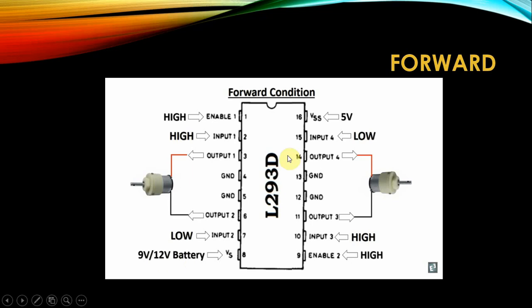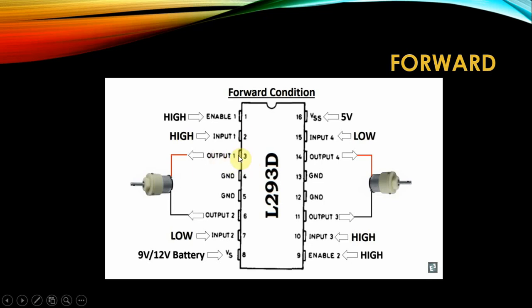Okay. Similarly, on the right side, we have to control the motor. So similarly, there are two input pins, input 3 as well as input 4. If you give high on input 3 and low on input 4, it will rotate clockwise. And when you reverse it, that is input 4 high and input 3 low, it will rotate anti-clockwise. And I think you got what the output pins are. Since you are applying input, you have to provide signals according to the input.